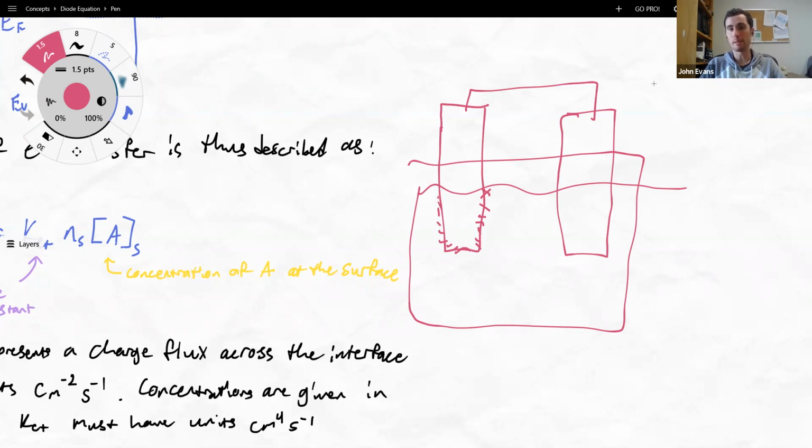So it doesn't really matter if there's a super high concentration of our acceptor way down here for some reason. That doesn't affect the reaction rate, because the only reactions that are happening are right over here. So the only concentration that actually matters is the concentration at the surface.